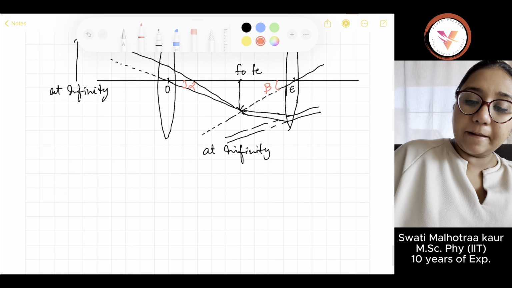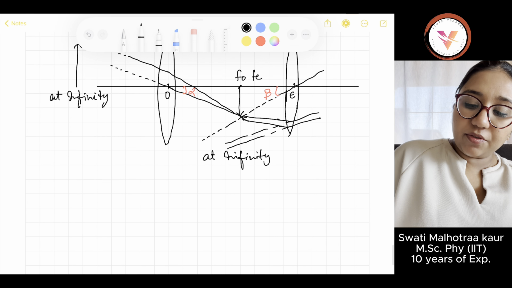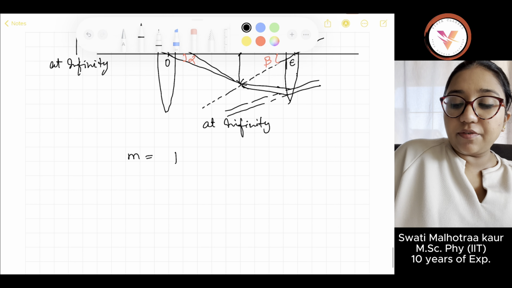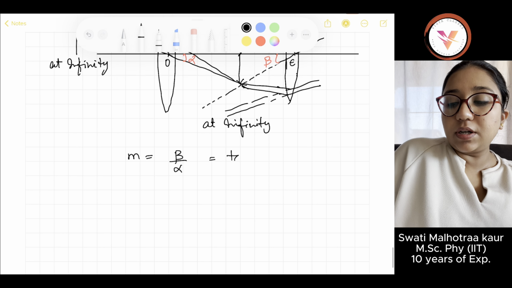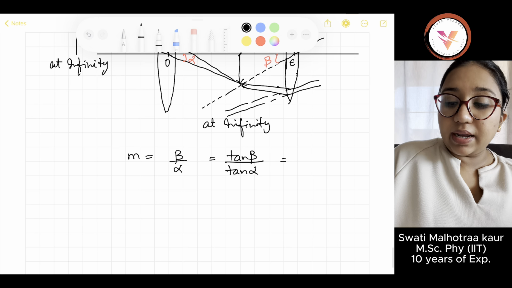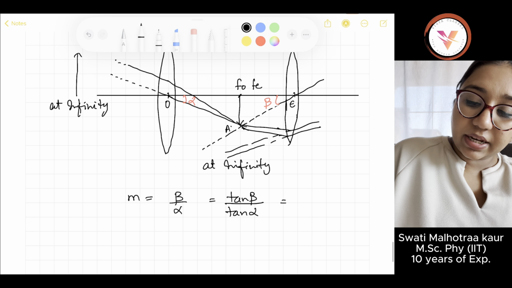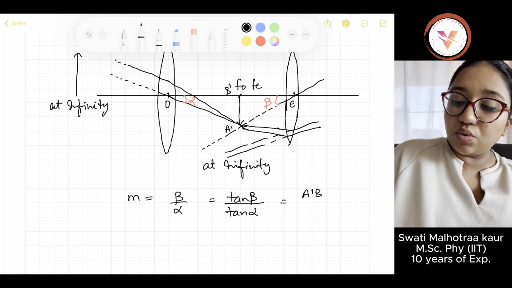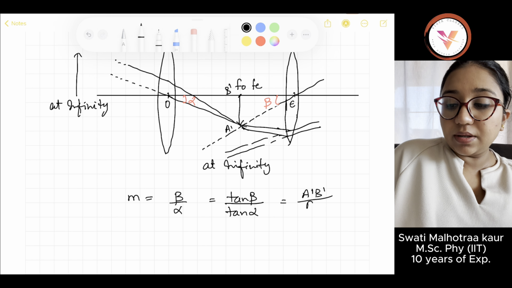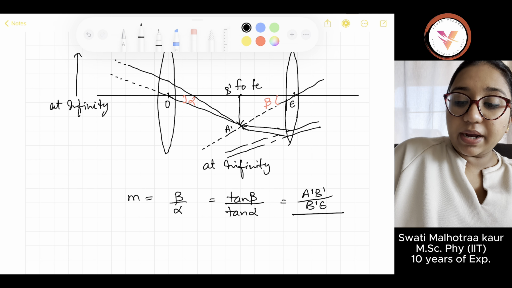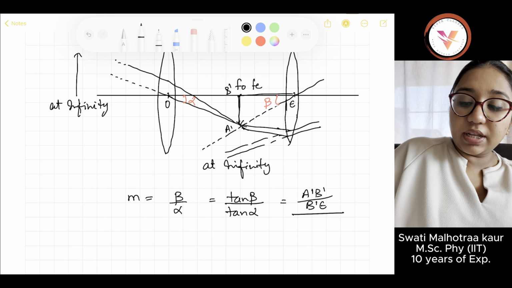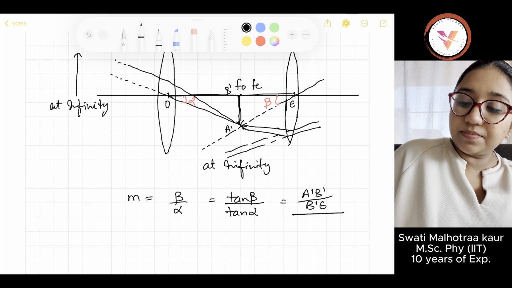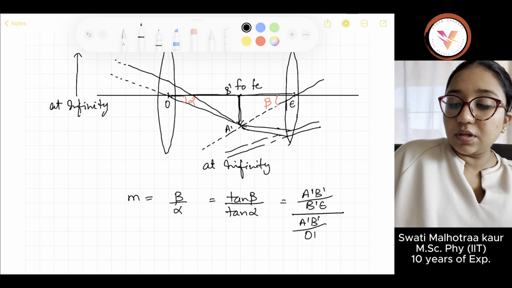So here basically the magnifying power again will become beta by alpha, which is tan beta by tan alpha. And tan beta is what? Let's mark it as A dash B dash. So tan beta is A dash B dash over B dash E, height upon base, and alpha is again height upon base, which is A dash B dash over OB dash.